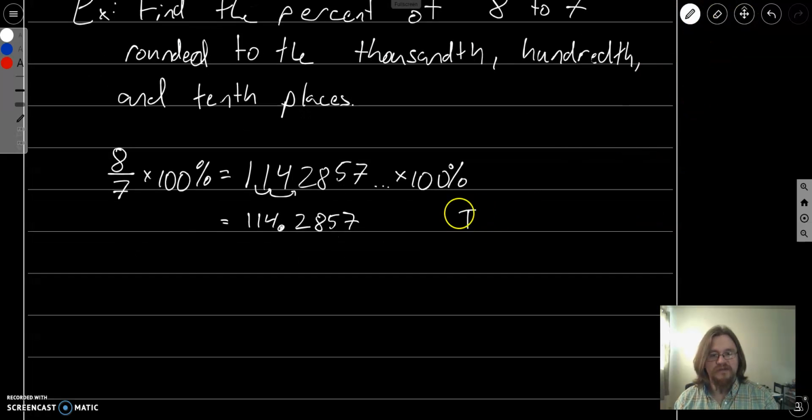So if we round to the thousandths first, we'll have 114.28, and I stop at the 5 and I go, oh, do I round up or down? Bigger than 5, we'll round up and we'll get 6.